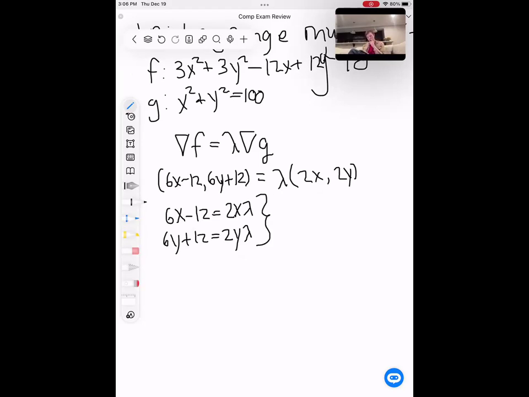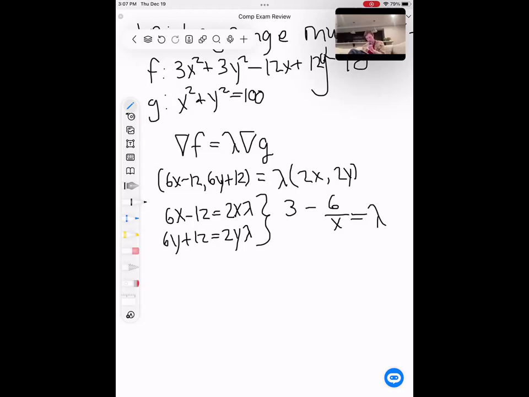When we do that, we are going to get 6x over 2x is just going to be 3. And then 12 over 2x is just going to be 6 over x. So 3 minus 6 over x is going to be equal to lambda. And then next we have something very similar.